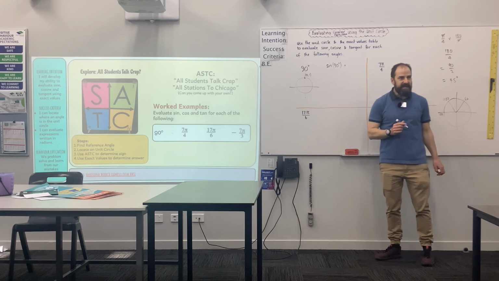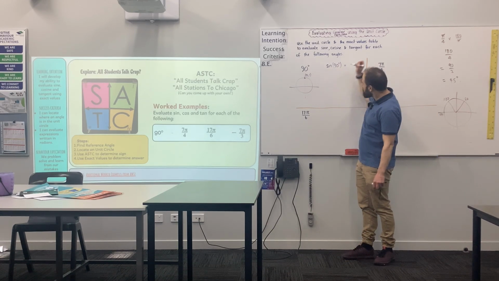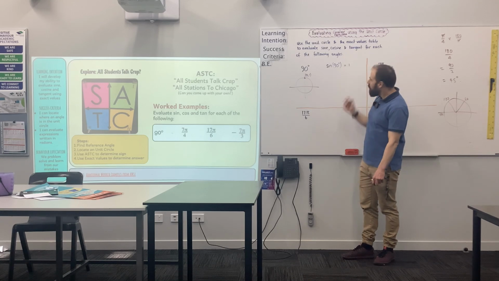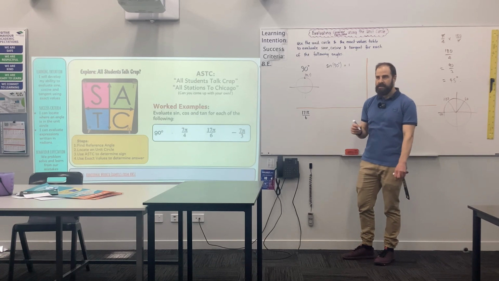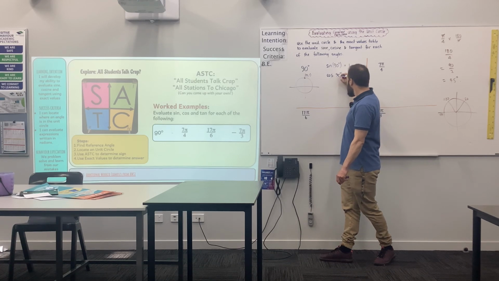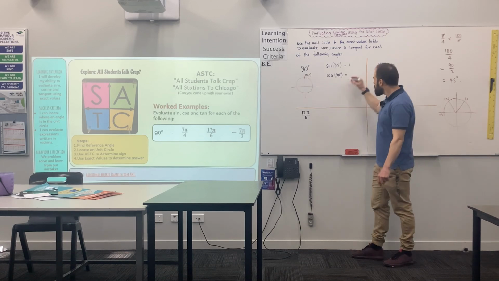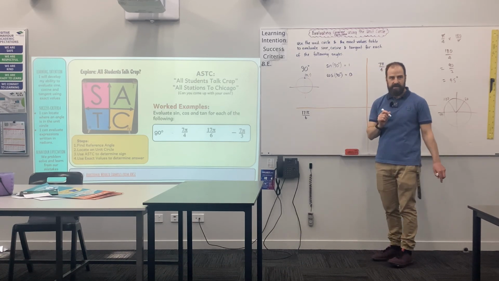So I can get it straight off the exact values table. Sine of 90 degrees is the y ordinate. So sine of 90 degrees is 1. What is cos of 90 degrees? 0. Cos of 90 degrees is the x ordinate. So cos of 90 degrees is 0.